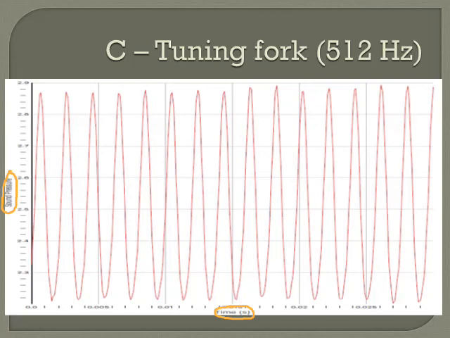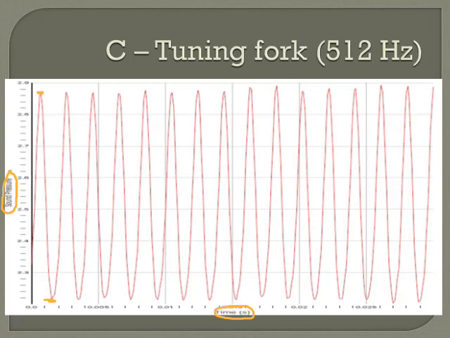So when the microphone diaphragm is really being pressed on, you have a high point in the graph, a lot of sound pressure. And when it's not being pressed on very much, when it's going through rarefaction, you have a low point in the pressure graph. And the important thing to illustrate here is that with a C tuning fork, you get essentially a sine wave, this nice up and down, very regular kind of pattern.